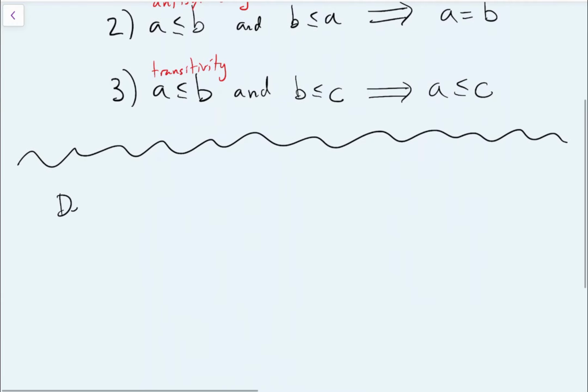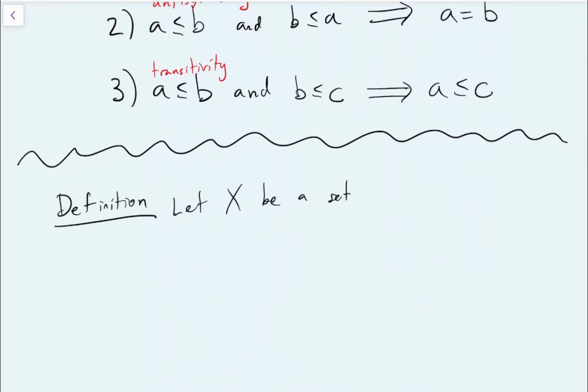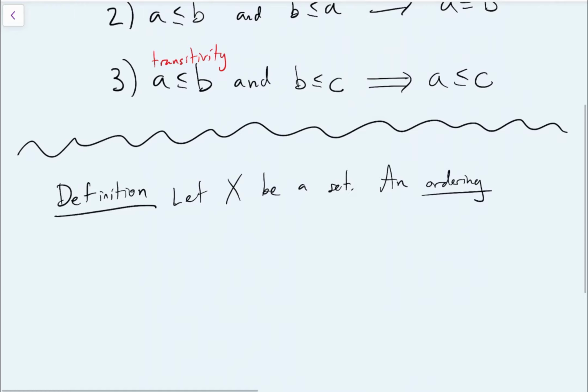So let me write down the formal definition. Let X be a set. Let me actually use the more precise term.